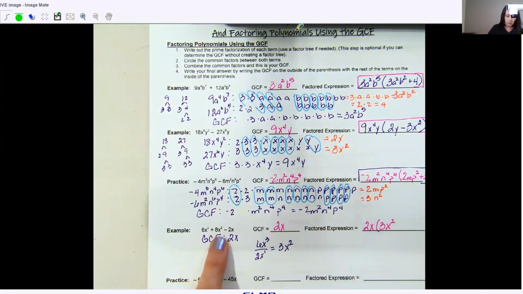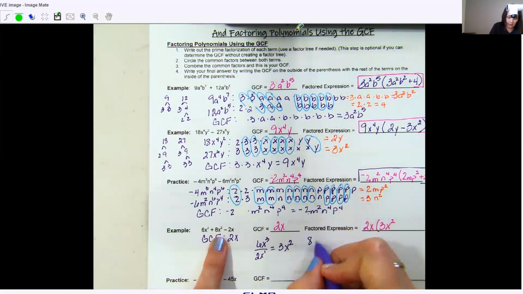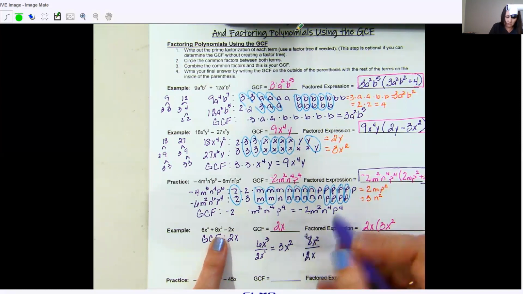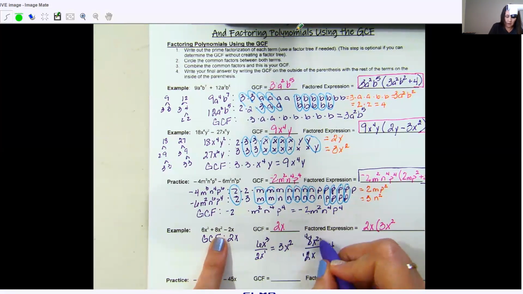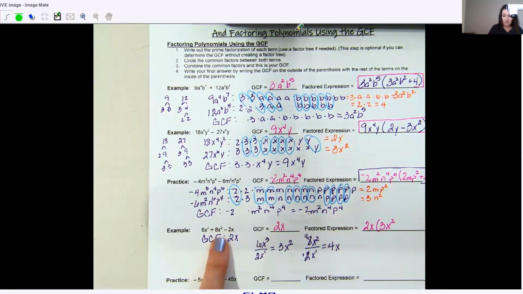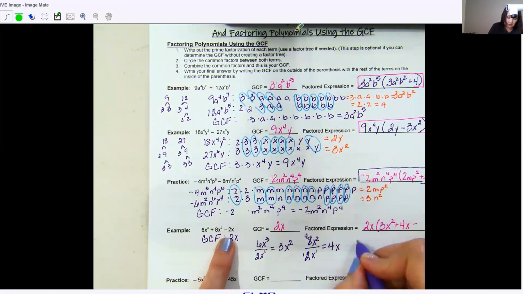And you continue to do that with each of your terms. So 8x squared divided by 2x. Well, 8 divided by 2 becomes 4, and 2 minus 1 is just 1. So your second term is 4x. And then your third term, we're subtracting here, is 2x divided by 2x.